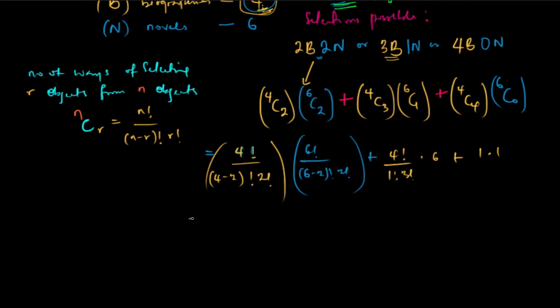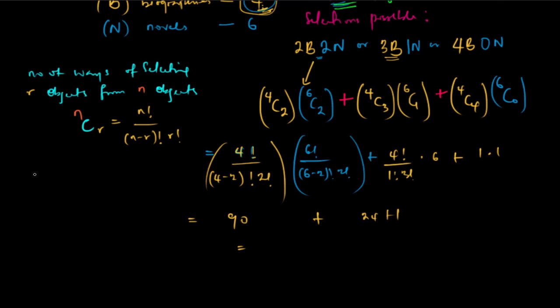Now when you simplify this, what you would obtain here is going to be 90, plus what you would obtain here is going to be 24, plus 1. You could pause this video here and confirm that these answers correspond with what you obtain when you compute them.